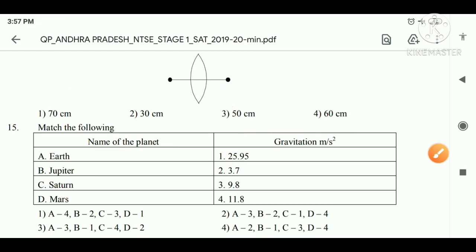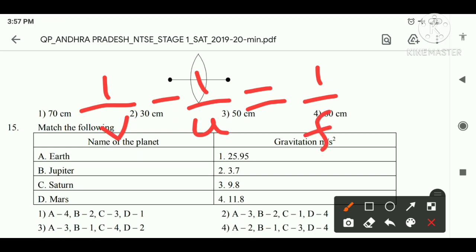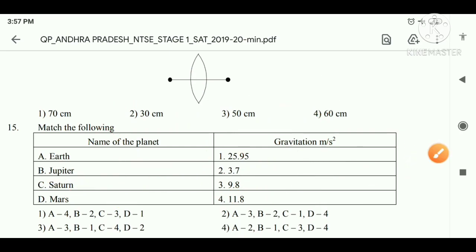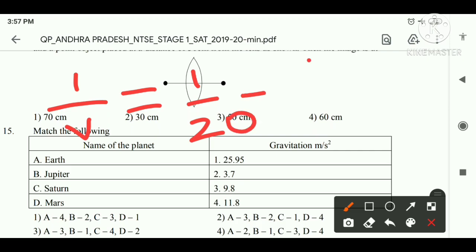Now put the values. We know that 1 by v minus 1 by u is equal to 1 by f. So 1 by v minus 1 by minus 30 centimeter is equal to 1 by 20. Now 1 by v is equal to 1 by 20 minus 1 by 30.